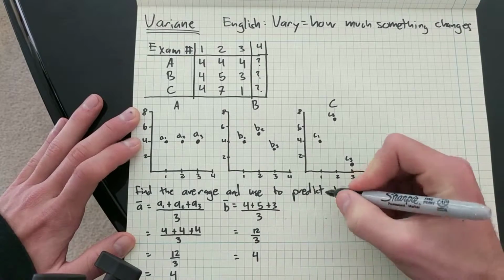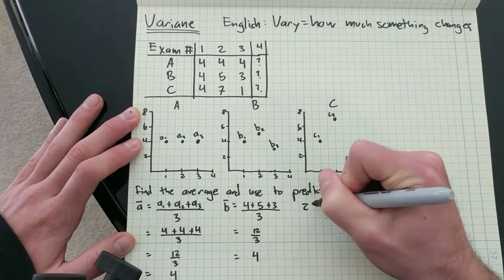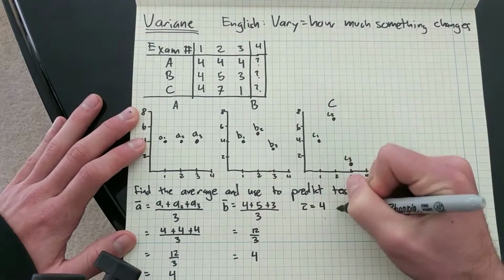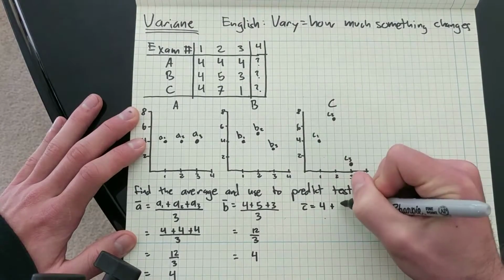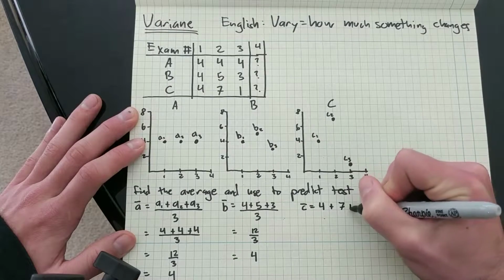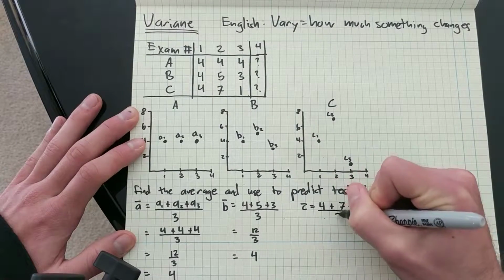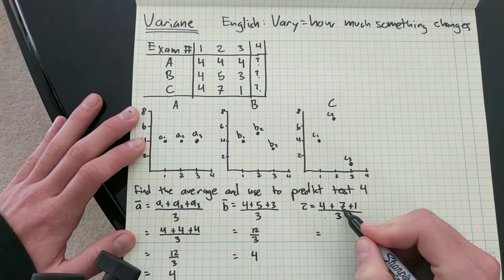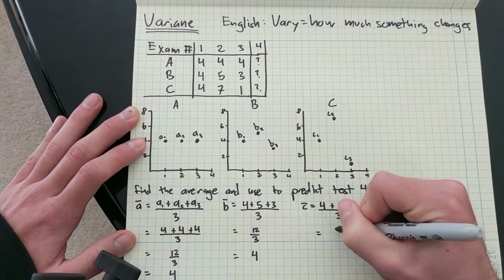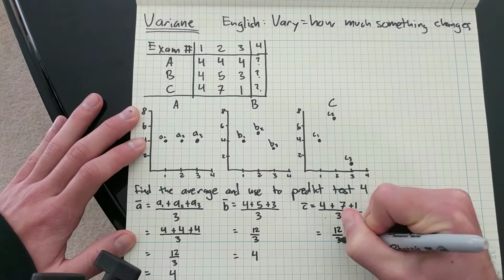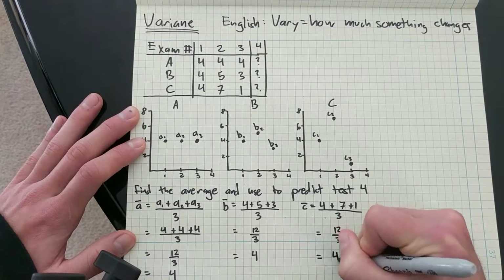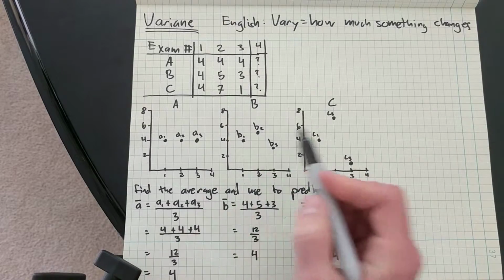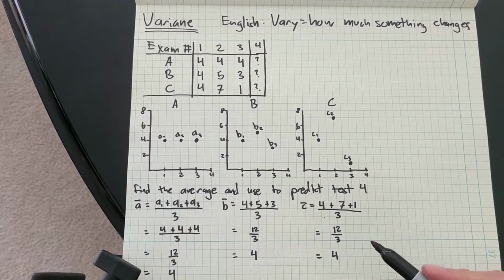The average of B is 4. What's the average of C? C1 is 4, plus 7, plus 1, divided by 3. 4 plus 7 is 11, plus 1 is 12. And again, we've seen this before. The average of C is 4. So the average for all three is equal to 4.